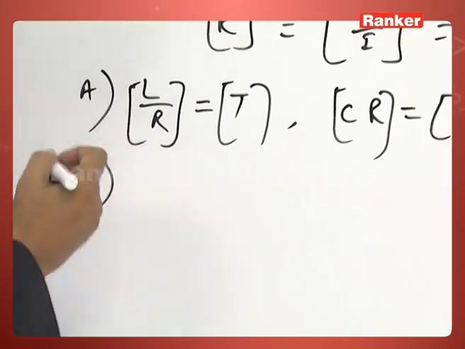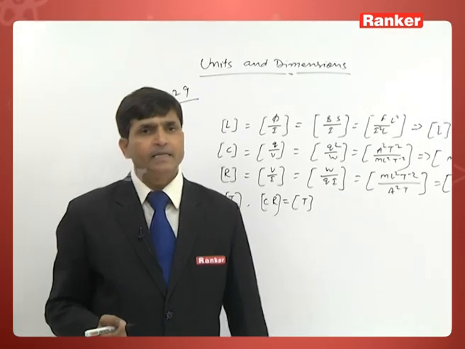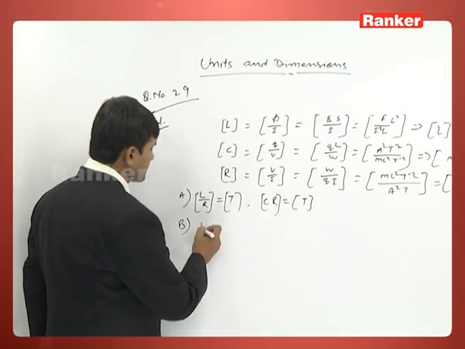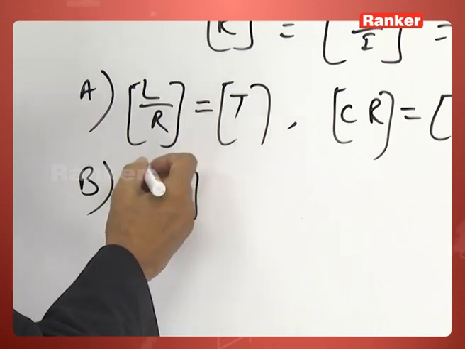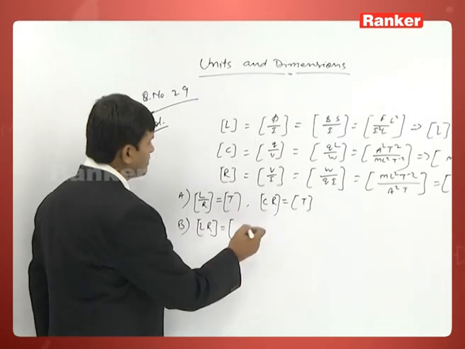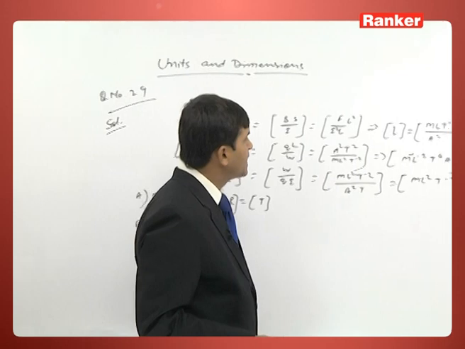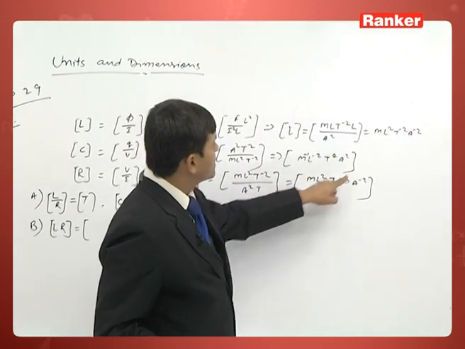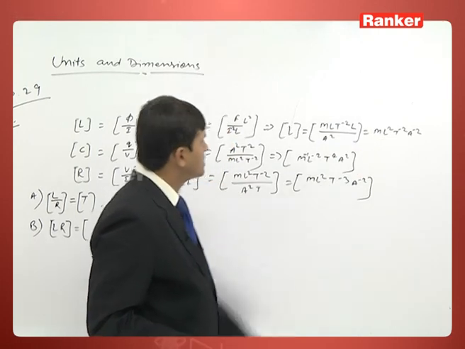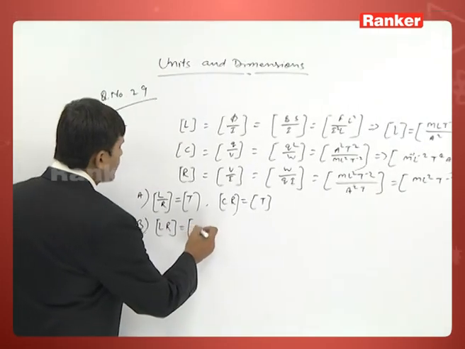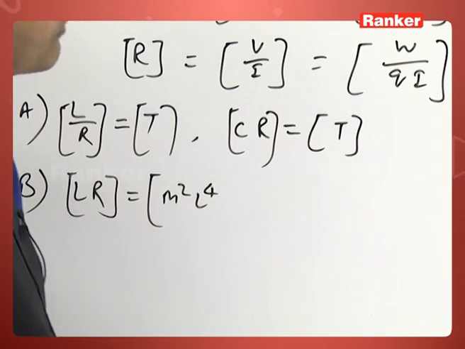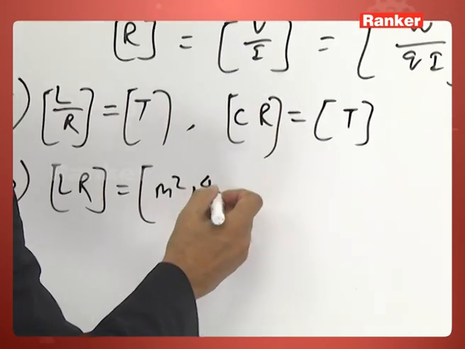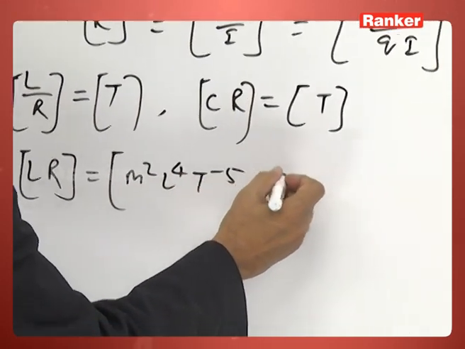Now, come to B. In B, LR and CR. The dimension of L into R: M square L 4 T minus 5 A minus 4.